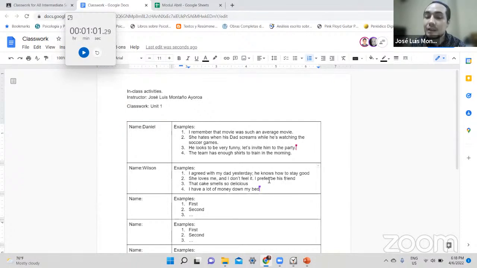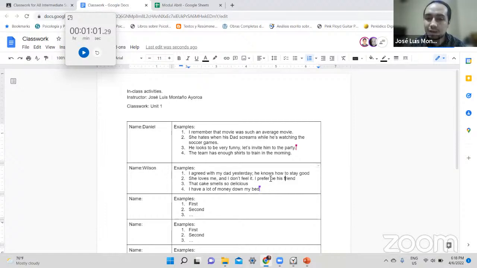And here, this is not bad, but after prefer, you have two options, Wilson. You can say to be, or you can say being. I prefer being his friend, or you can say I prefer to be his friend. If you use only the base form, again, it's going to be incorrect. I prefer be.